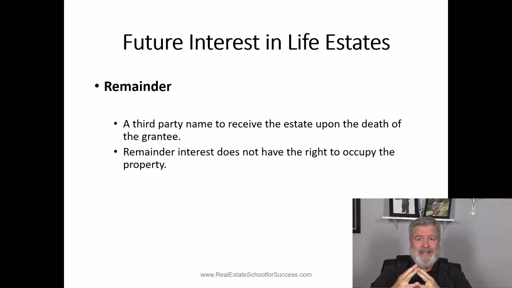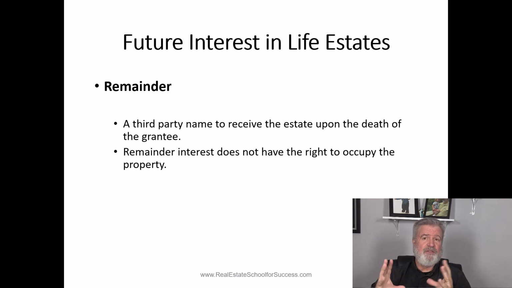But if I die first, and then, in this case, my daughter dies, then I will have already named a remainder man, someone with remainder interest in the estate, that says it will go to that person when, in this case, the life tenant, my daughter, dies. I hope that wasn't too confusing.